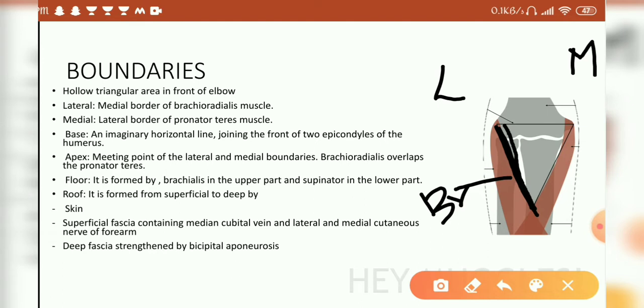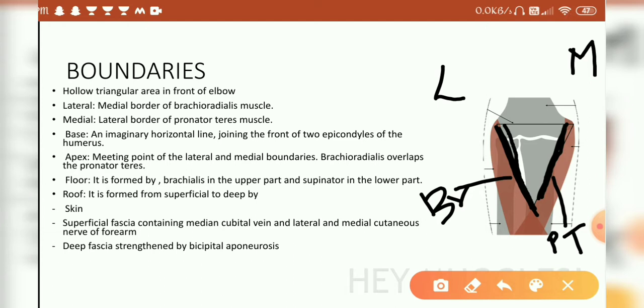Coming to the medial border. The medial border is formed by the lateral border of pronator teres muscle, right? This is your lateral border of pronator teres muscle. This is pronator teres muscle. So the lateral border of pronator teres muscle is forming your medial boundary of cubital fossa, right?